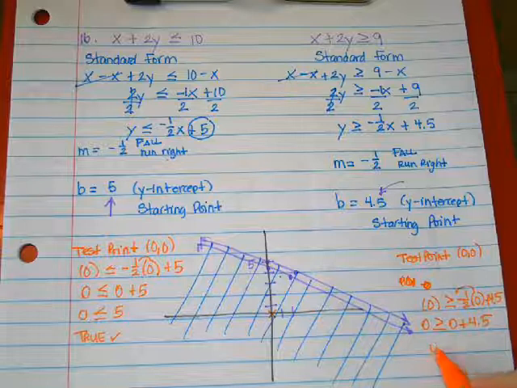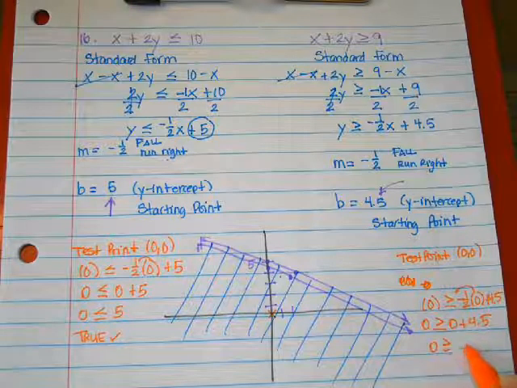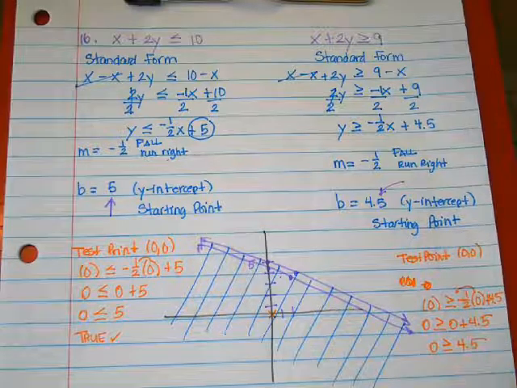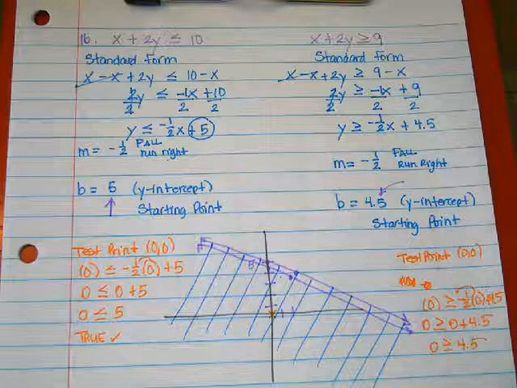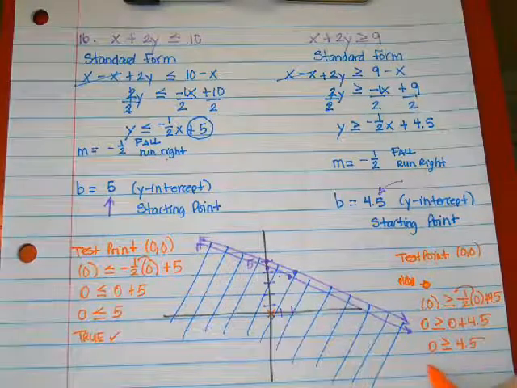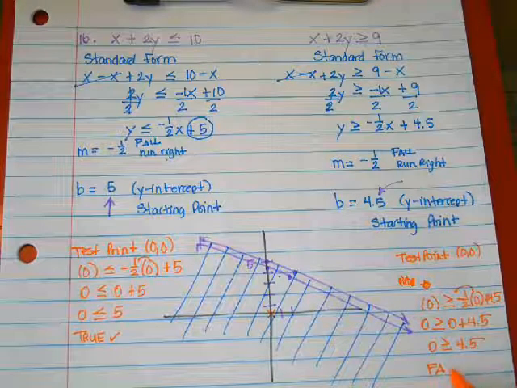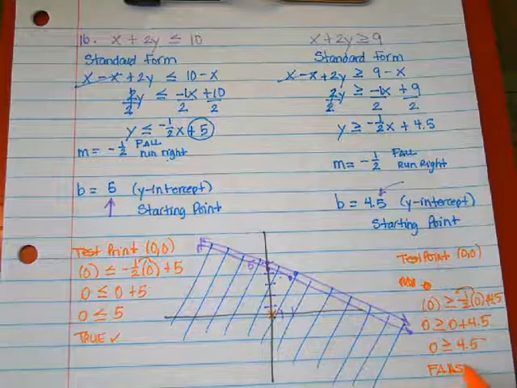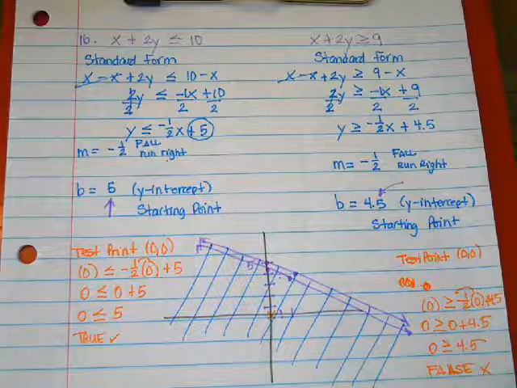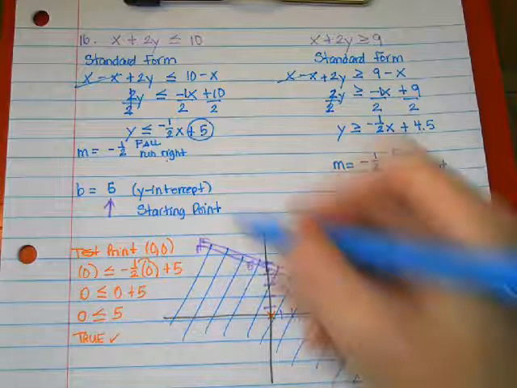So is 0 greater than or equal to 4.5? You are correct. 0 is not greater than 4.5. So this is a false statement. So if this is a false statement, that means if this is my line, I can't shade here, I've got to shade here.